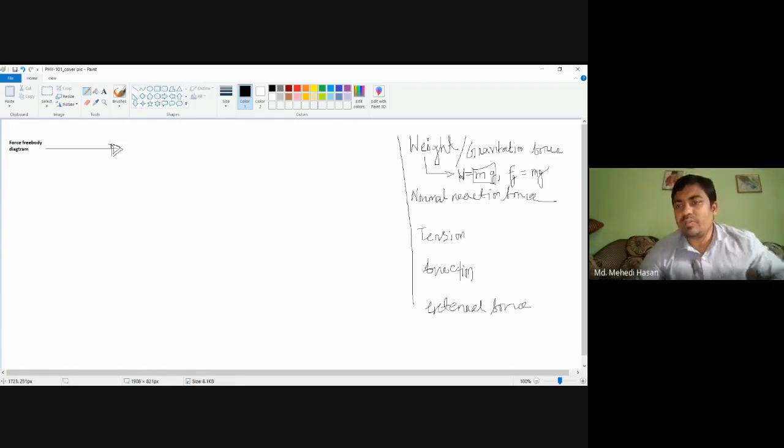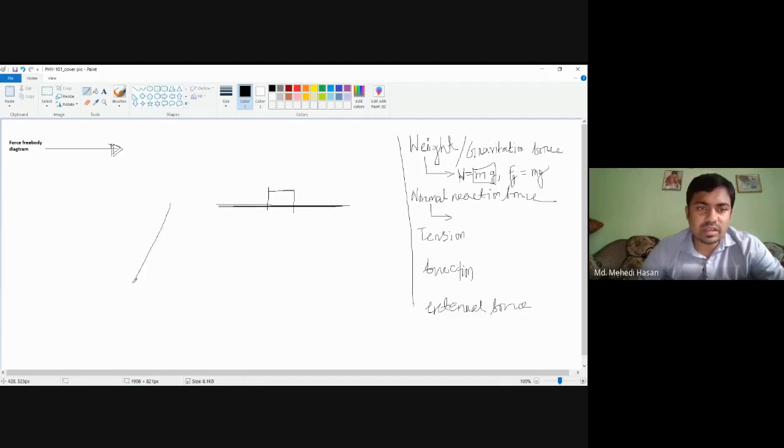In the case of the normal reaction force, it is involved when there is a surface present. Say there is a horizontal surface, or an inclined surface like this. If there is an object on a surface, then the normal reaction force will act perpendicular to the surface.